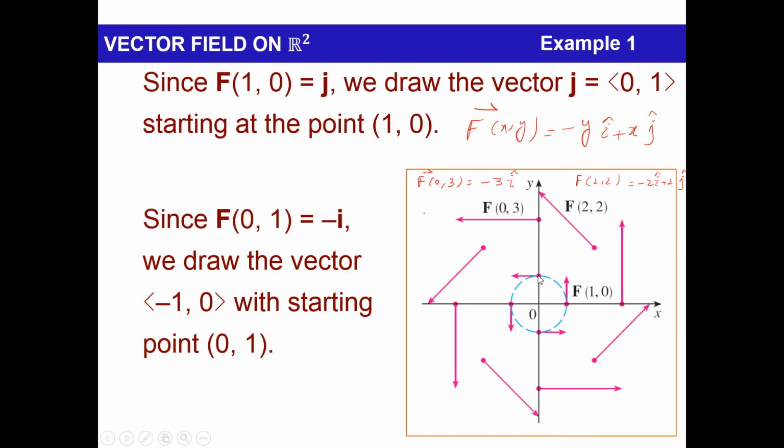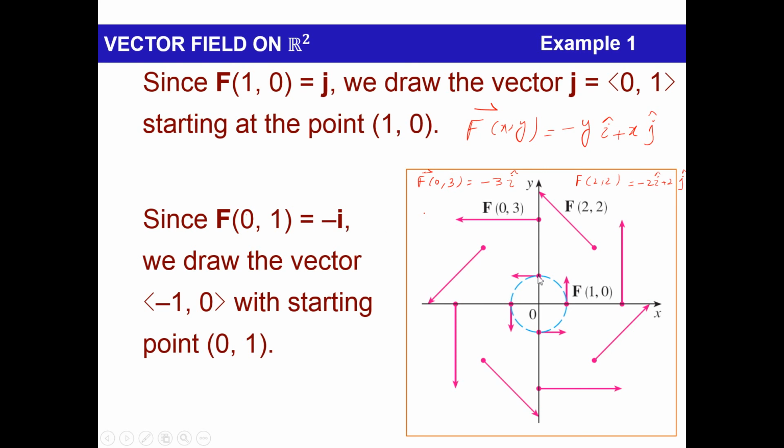Our starting point is (0, 1). Now we have to move in the i direction, but the sign is negative, okay. The positive orientation of horizontal movement is moving towards right. So negative sign means we have to move in the opposite side, that is, towards the left side. How many units? 1 unit.